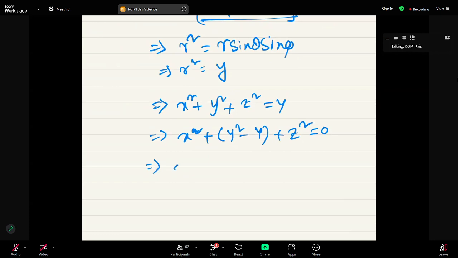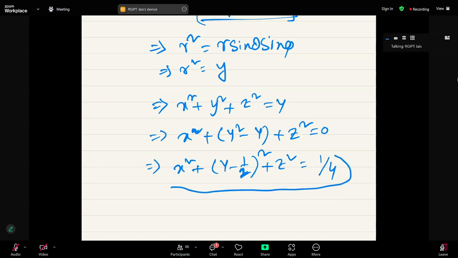Or you can also say x square plus (y minus half) square plus z square equal to 1 by 4. Can you guys tell me now what the surface is? Yes, this will again be a sphere, but it is not centered at x equal to 0, y equal to 0, z equal to 0. This sphere is centered at 0, 1 by 2, 0.